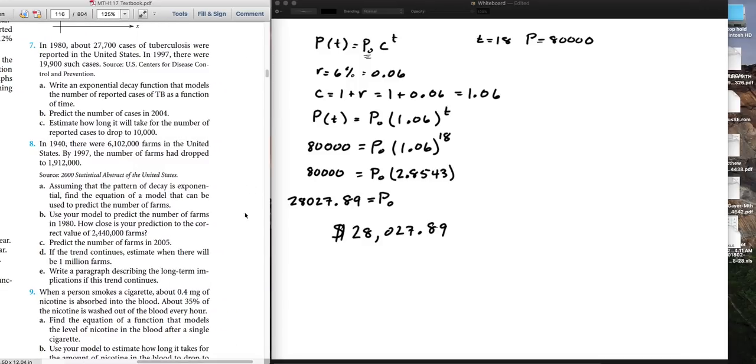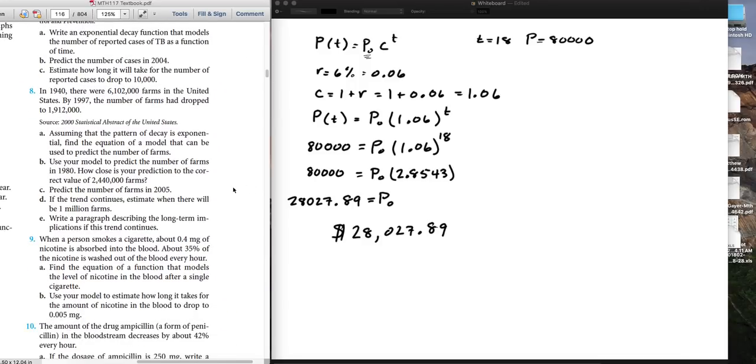In 1940, there were 6,102,000 farms in the United States. In 1997, the number of farms had dropped to 1,912,000. Assuming that the pattern of decay is exponential, find the equation.